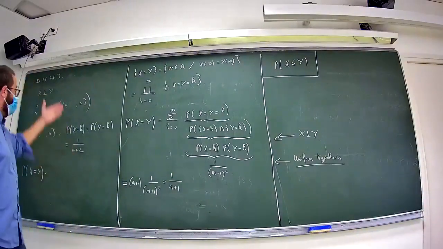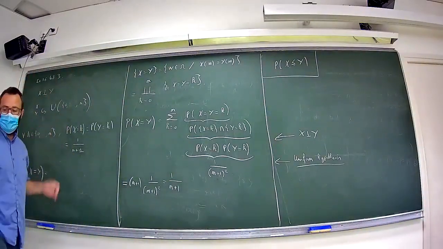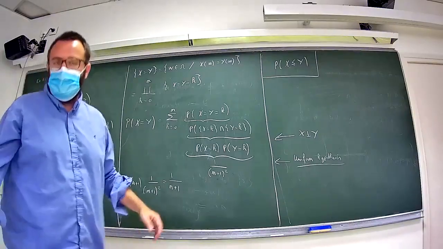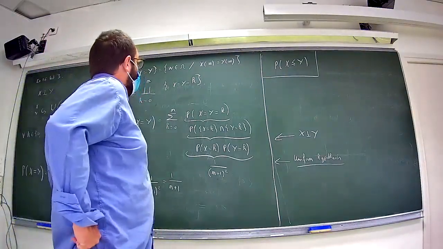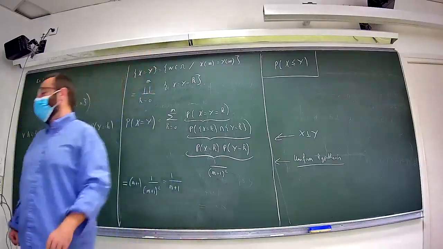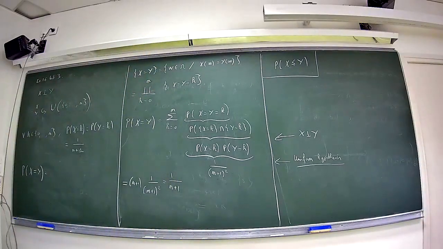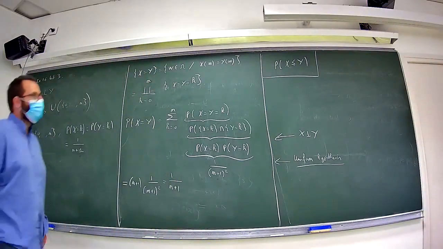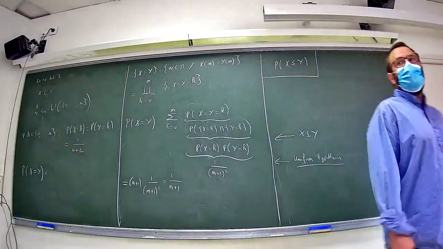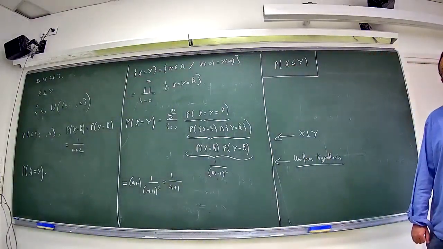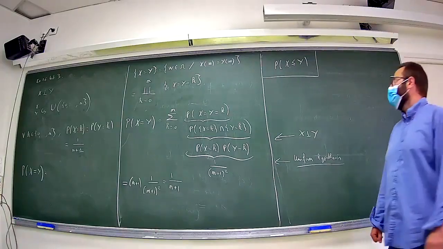Of course, the only thing I can use is what I have in the statement. Any idea how to do it? x less than or equal to k and y less than or equal to k. Okay, so you can try to use more or less the same idea.